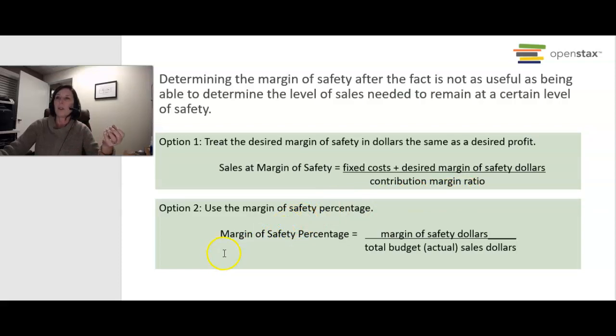We can also calculate this in terms of a margin of safety percentage, which is our margin of safety dollars, otherwise known as our operating profit or net income, divided by our total budgeted or actual sales dollars, and this tells you the percentage of our margin of safety.